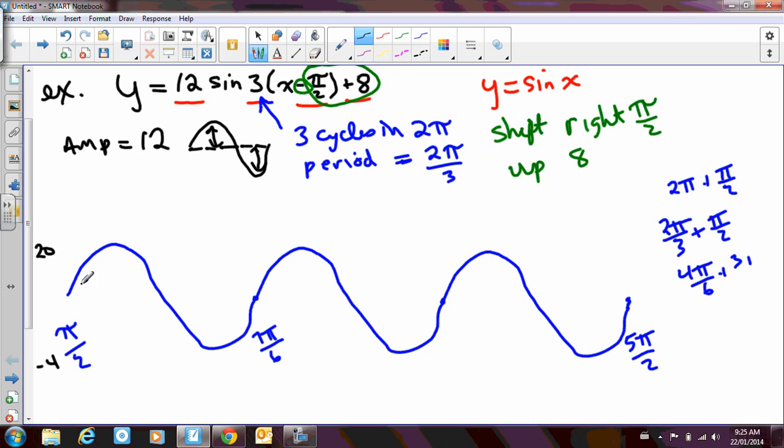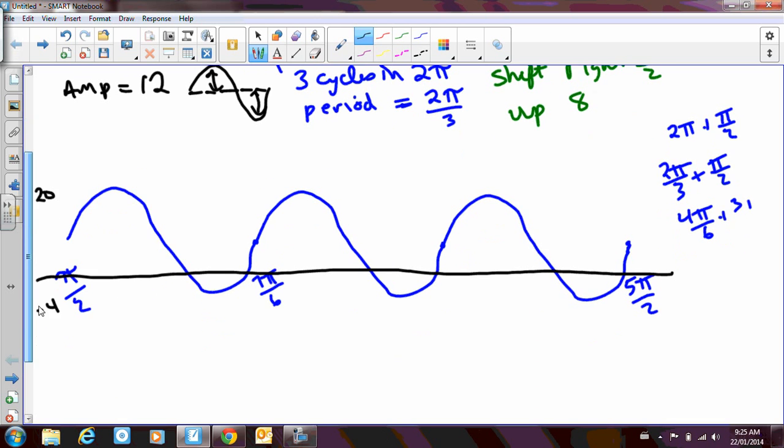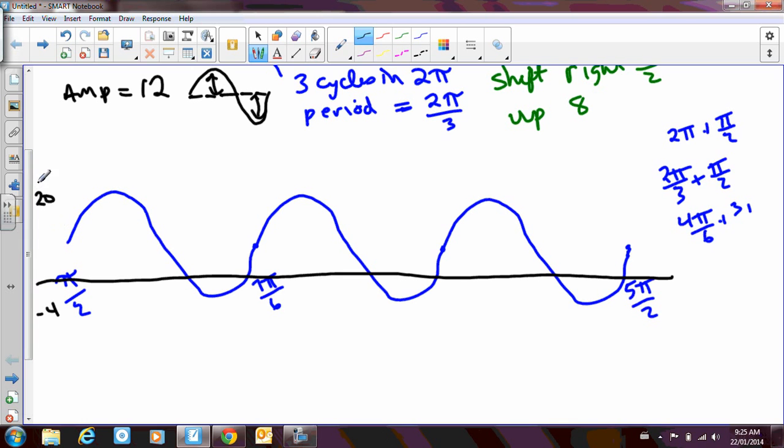And that's everything. So I could fill in my sketch at that point, filling in the grid. My zeros are right around here. My zeros, excuse me, my zeros over here.